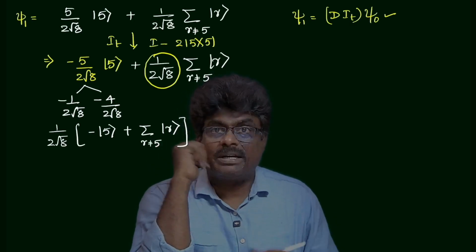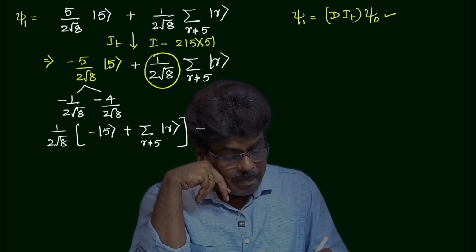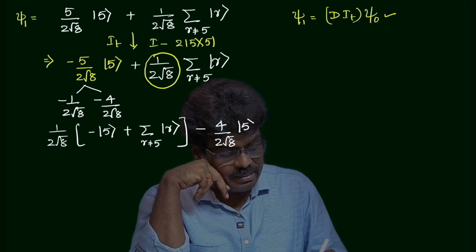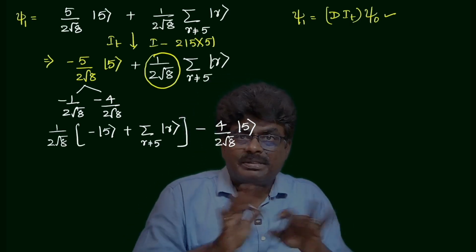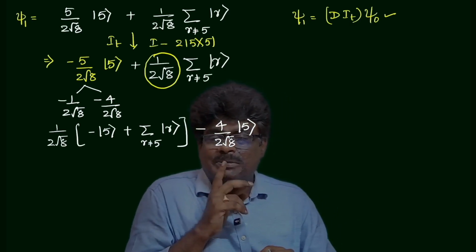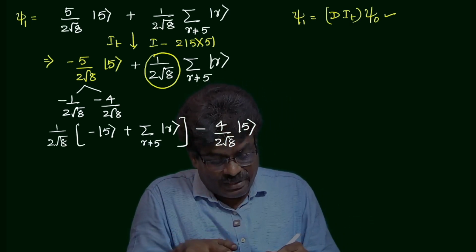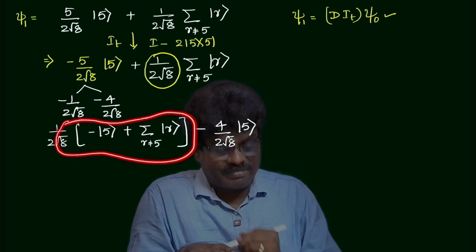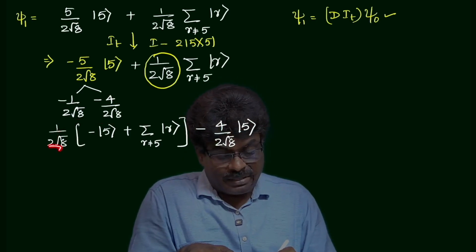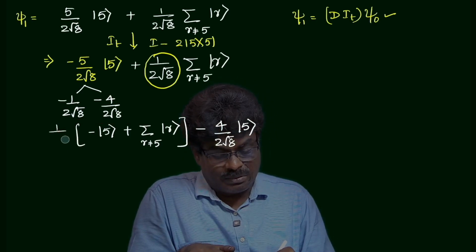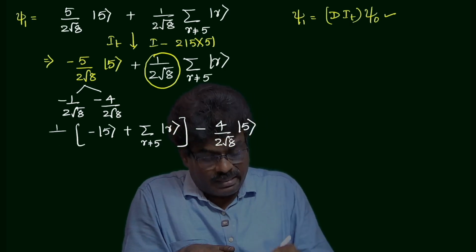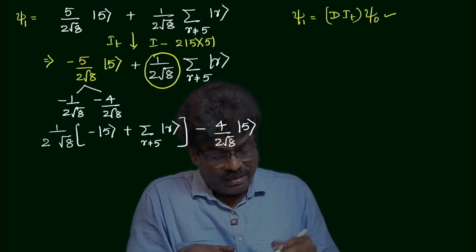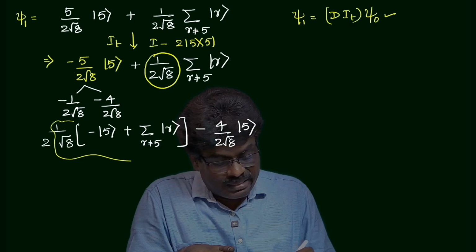I hope you understand. And after that, minus 4 by 2 root 8, state 5 as it is. I just split it. Now carefully observe. Kindly check what this is. Please take that 1 by 2 root 8. So let me write this 2 root 8. Now I think we can write this.